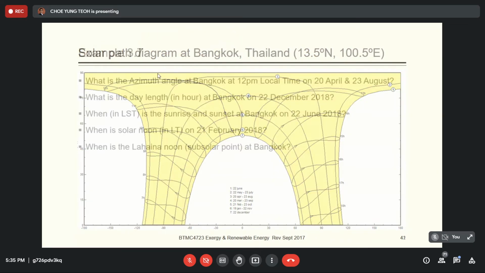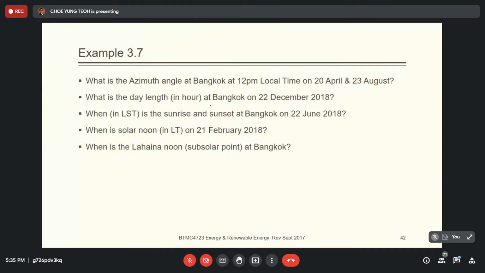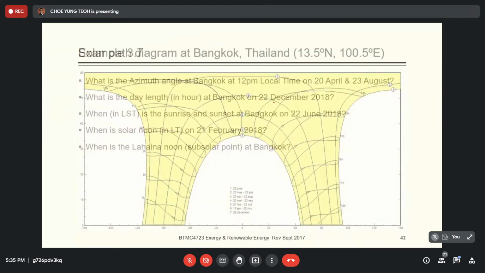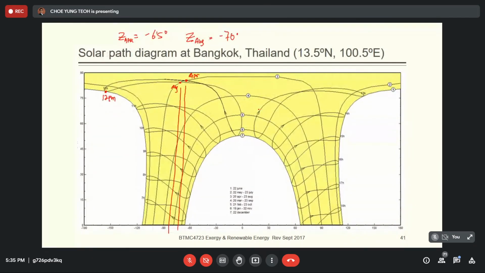So the second question, what is the day length in hours at Bangkok on 22nd of December? Day length. So again, you have to find the sunrise and sunset on December, line 7. Okay, so 6:40 maybe, and sunset, I think already, not yet touched, almost touched, 5:50.